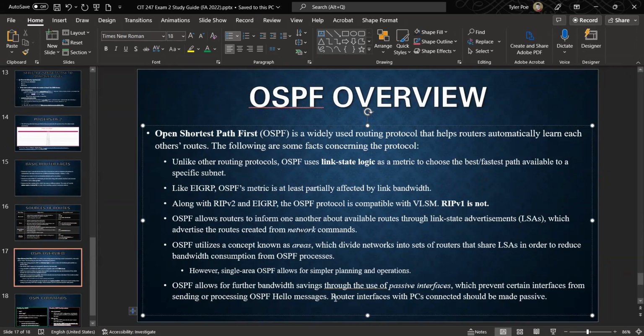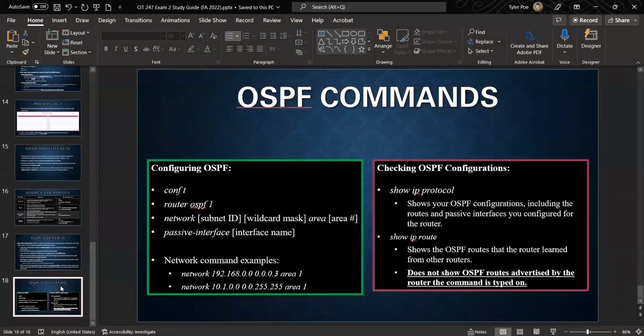So that is important here. Router interfaces with PCs connected to them, or no routers connected, should be passive. So basically that's typically just going to be with the PC. I don't know if you'd be tested on that fact, but I included it just in case.